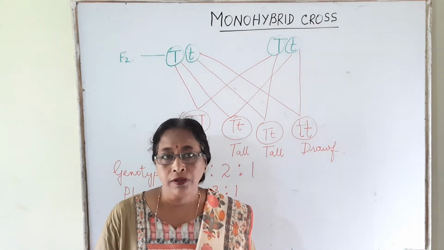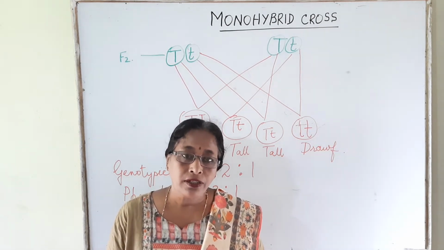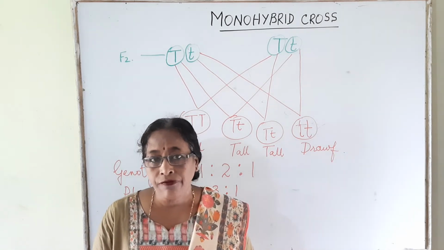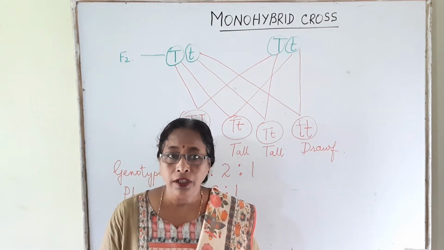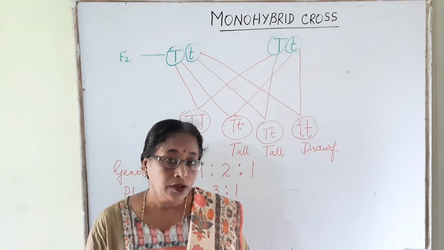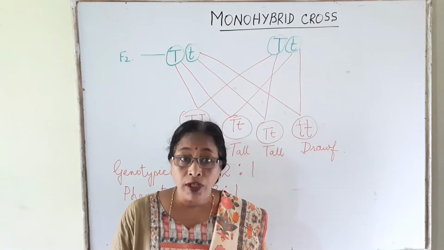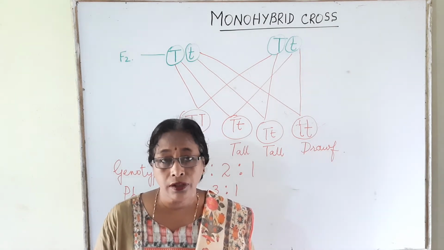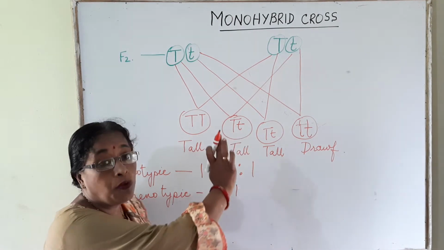With this experiment, Mendel concluded that each genetic factor is governed by a discrete unit, which Mendel called a factor, and today we call them alleles, and alleles are found in pairs. In a pair of alleles, if the pair have contrasting characters, then one of the pair always dominates the other in a heterozygous condition. You see, capital T and small t.